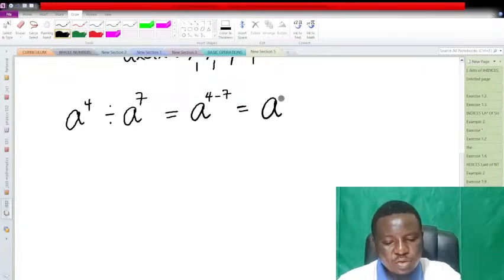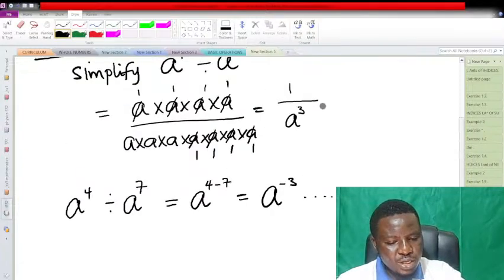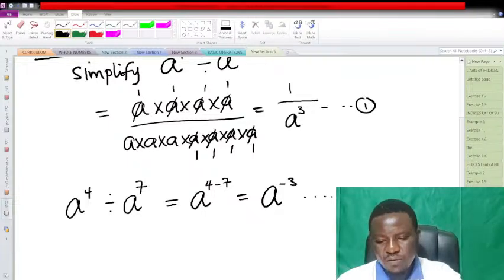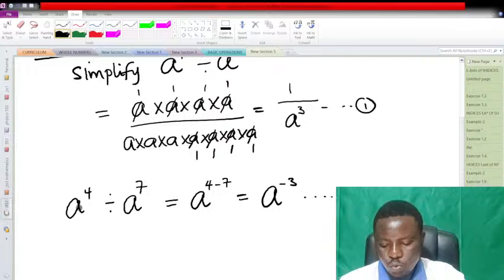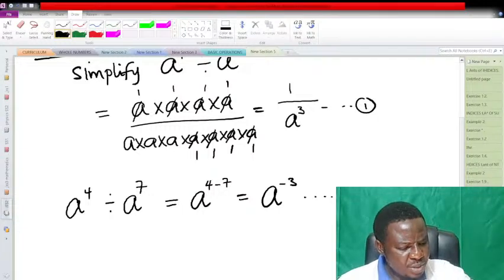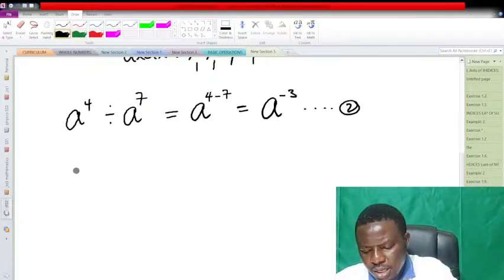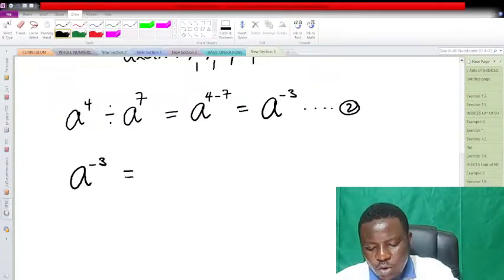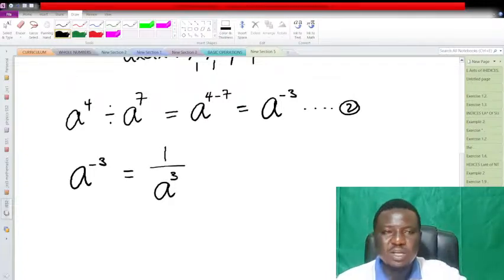So this is a raised to the power of minus 3. But if I call this equation 2 and take this to be equation 1, you will discover that since equation 1 is equal to equation 2, because we are still dividing a raised to the power of 4 by a raised to the power of 7 and arriving at different answers, it therefore means that a raised to the power of minus 3 is equal to 1 divided by a raised to the power of 3.